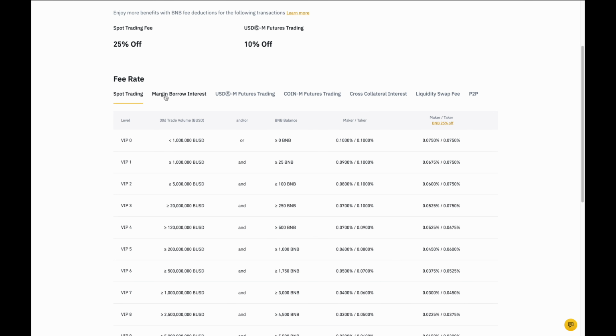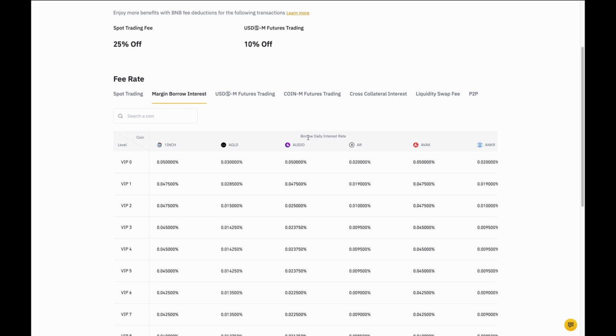But if we go over here to margin borrow interest and click on that, it'll tell you the daily borrow interest rate for all their coins. So for 1inch, AGLD, and so on. And over here are their daily borrow interest rates. So for Anchor, it's 0.02%, for AVAX, it's 0.05%, and so on.